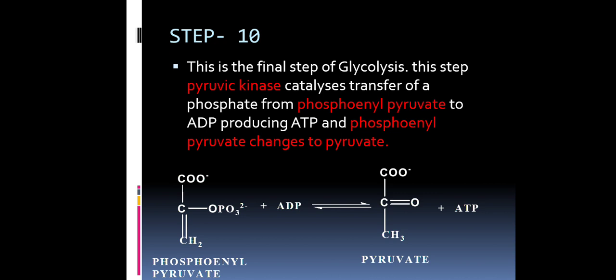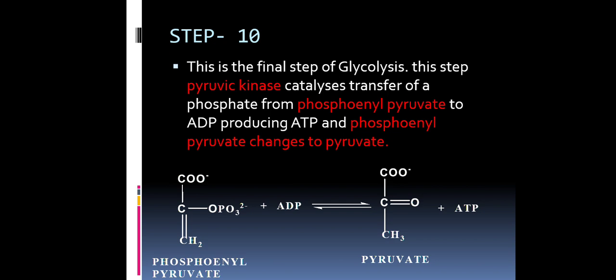So the point to be noted over here is, if you try to understand the overall process of glycolysis, in this particular process, 1 mole of glucose, remember that, converts into 2 moles of pyruvic acid, okay, and 2 moles of ADP get phosphorylated to form 2 moles of energy rich ATP.